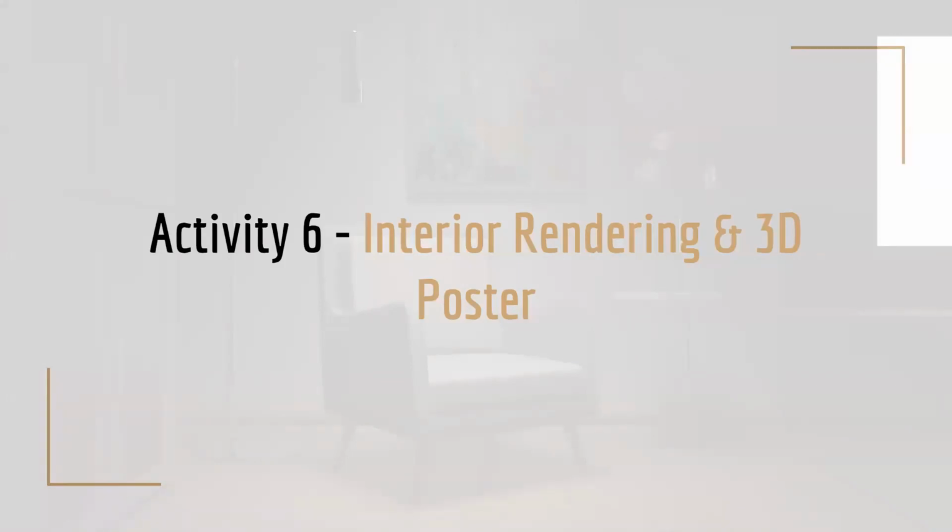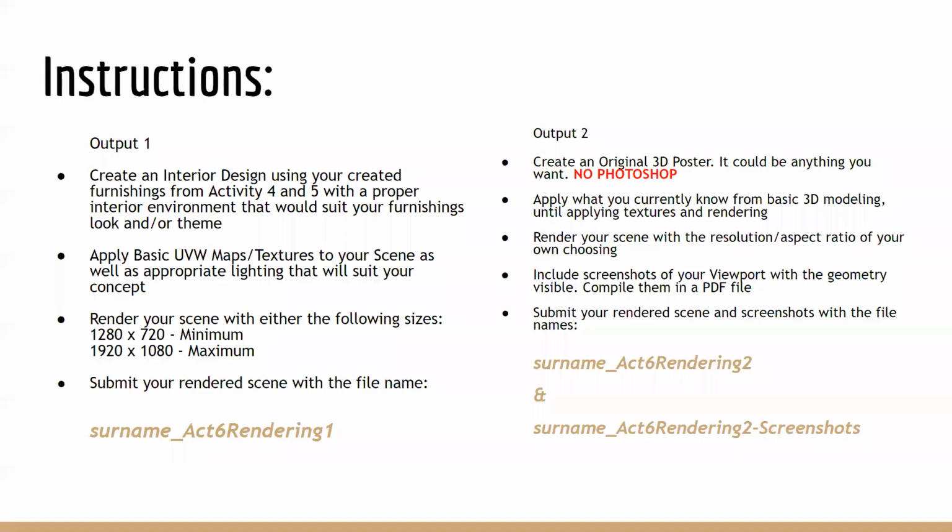The reason being, kasi isa sa output nyo dito is interior render. So your output 1, you are going to create an interior design using your created furnishings from activity 4 and 5 with a proper interior environment that would suit your furnishings, look, and or theme.